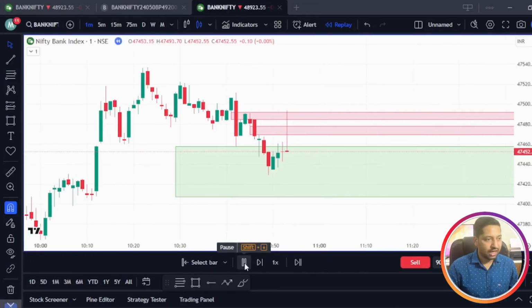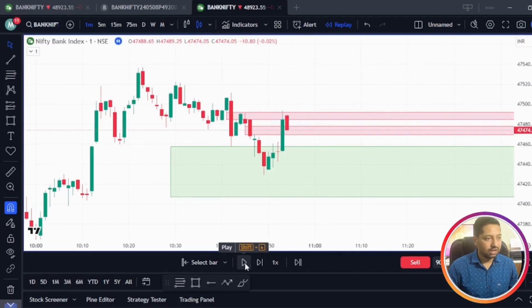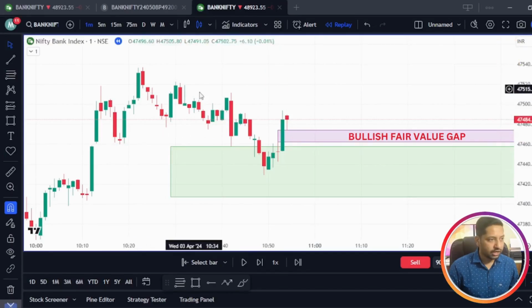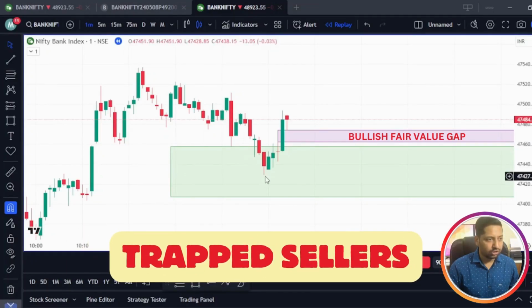As soon as this happens, smart money now has violently moved price back upwards, leaving behind a bullish fair value gap in its wake. All those traders who went short here looking at this big red candle, looking at the break below these lows, are now trapped. This is exactly what they wanted.